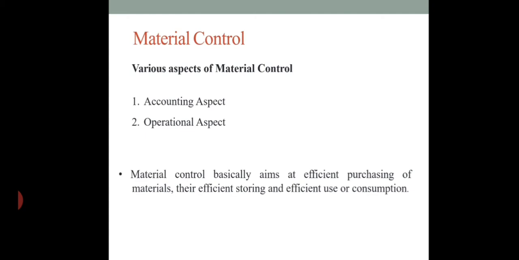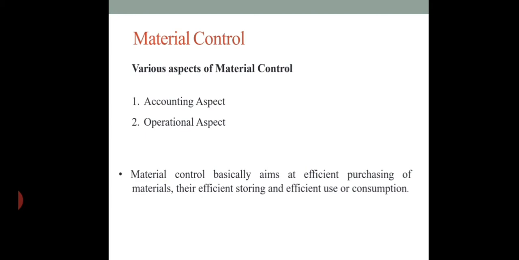It is a systematic control over the purchasing, storing and using of material so as to have the minimum possible cost of material. So in simple words, material control is a system which ensures the right quantity of material is available at the right time and the right place, within the right amount of investment. That is known as material control.